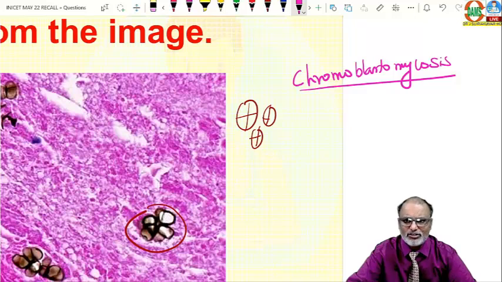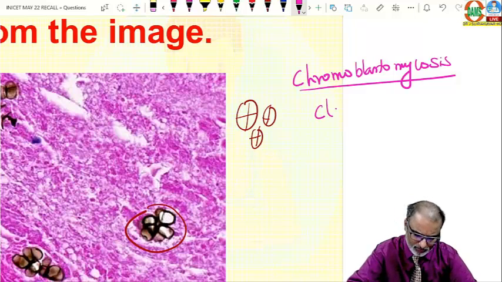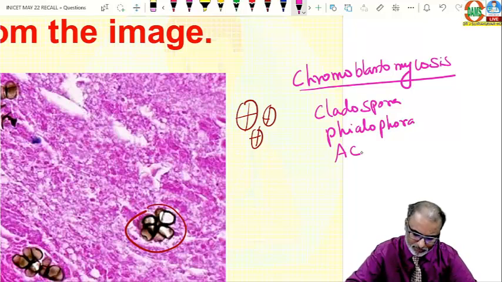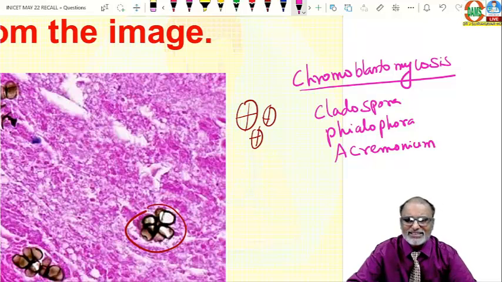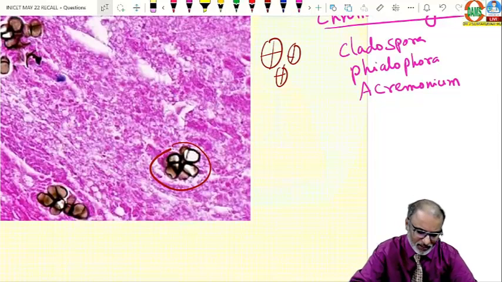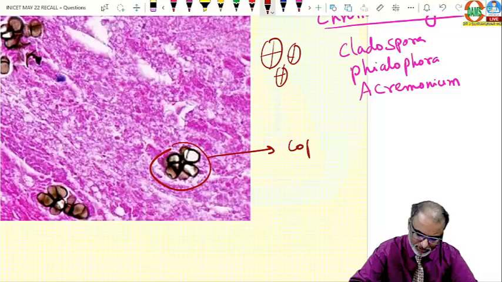It is a subcutaneous mycosis caused by many organisms: Cladosporium, Phialophora, Acremonium, Fonsecaea, many others. But the diagnostic form is very, very important. We call it copper penny bodies.